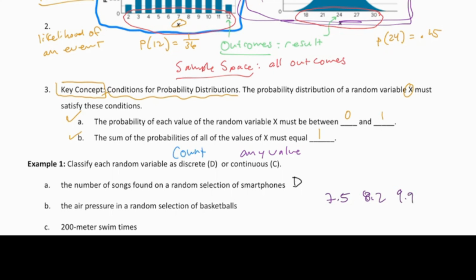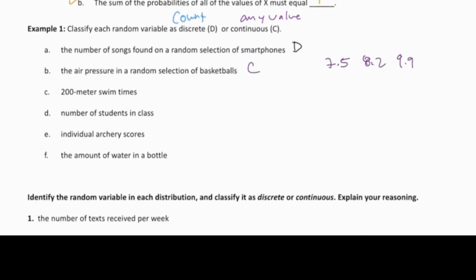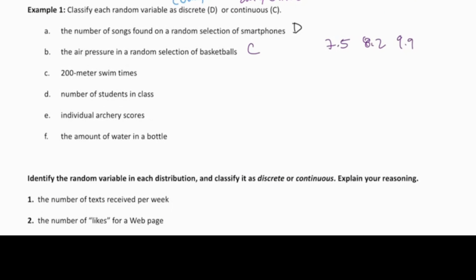Therefore, air pressure is continuous because it can take any value within a certain range. So there's a range of numbers. Go ahead and try questions C, D, E, and F, and then we'll go over them together.